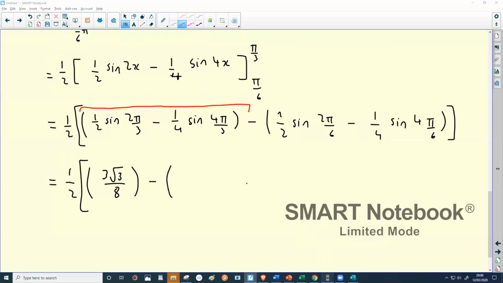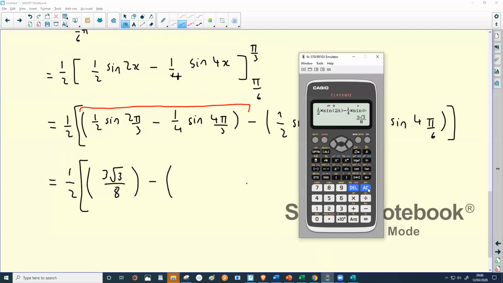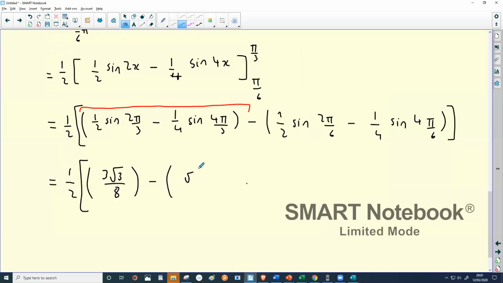Now the benefit of storing in alpha A is that if I now store pi over 6 in alpha A, I can simply go up and press equals again. If I scroll up and press equals, that will give me the value for pi over 6 now substituted in. So we get root 3 over 8.